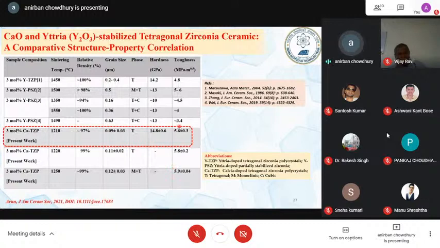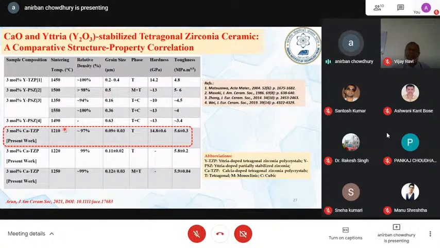Our toughness data with 3 mole percent CATZP is again comparable. Our grain size is lower, but what is most important industrially is that we are achieving a similar density to the 3YTZP system, but at 250 to 300 degrees below the traditional sintering temperature.